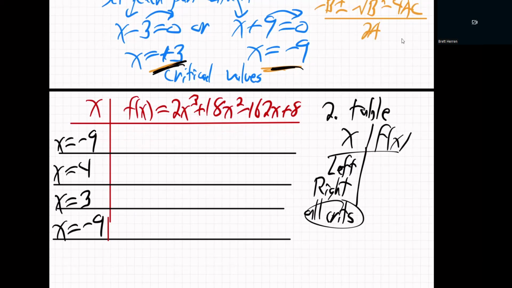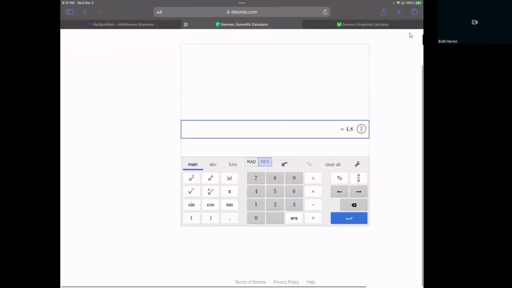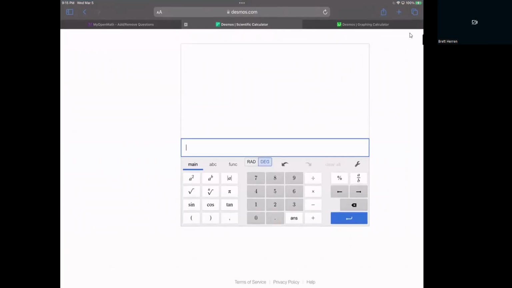Okay, I'm going to plug in -9 first. So here we go. 2 times -9 cubed, plus 18 times -9 squared, minus 162 times -9, plus 8.